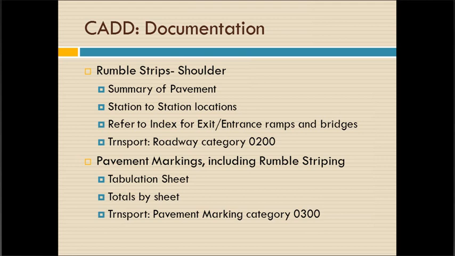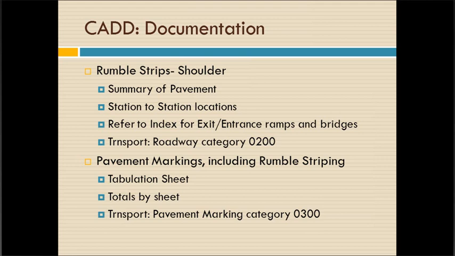And I went into the XML for automation to make sure that those pay items are in there correctly. So if you automate the quantities for this, it'll pull that into that summary box for you. It's documented by station to station locations, since it is now gross mile.